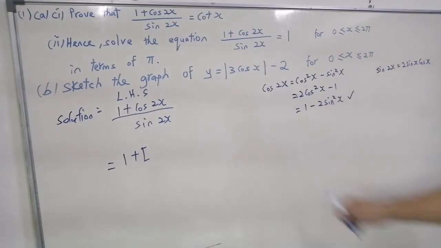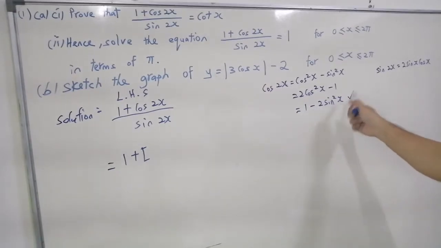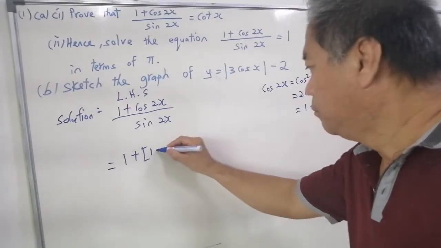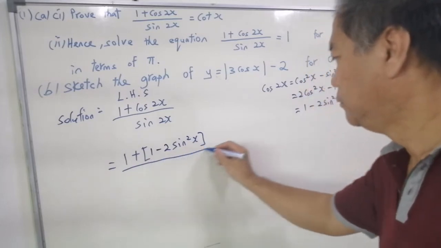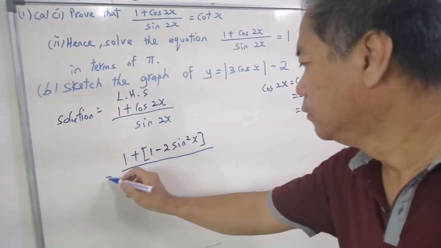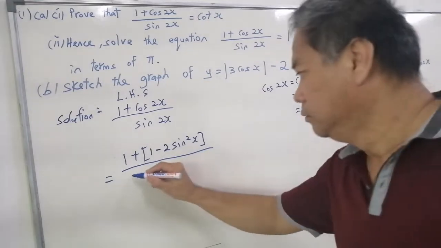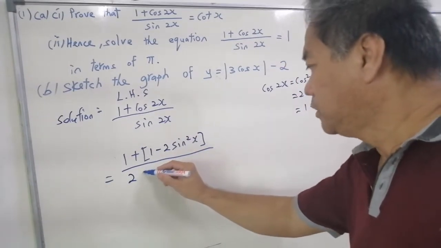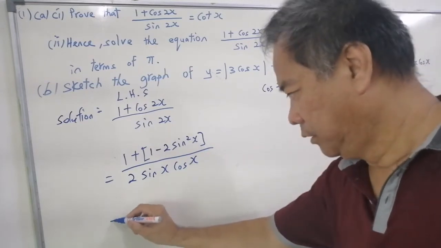I substitute in: cos 2x equals 1 minus 2 sin square x, over sin 2x. For sin 2x there is only one formula, 2 sin x cos x. Substitute in: 2 sin x cos x.